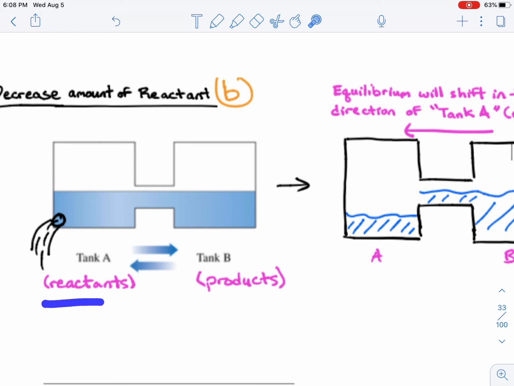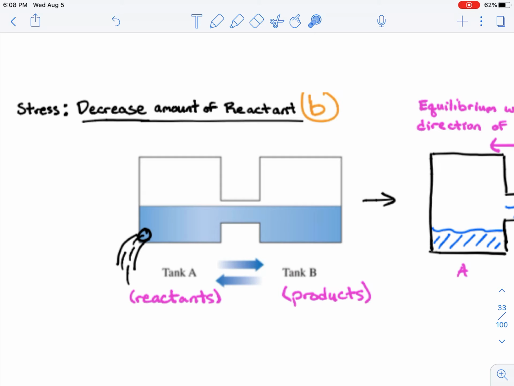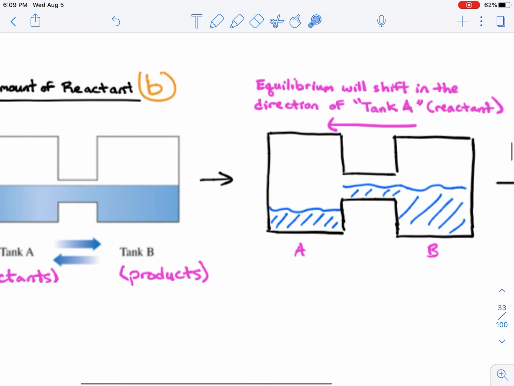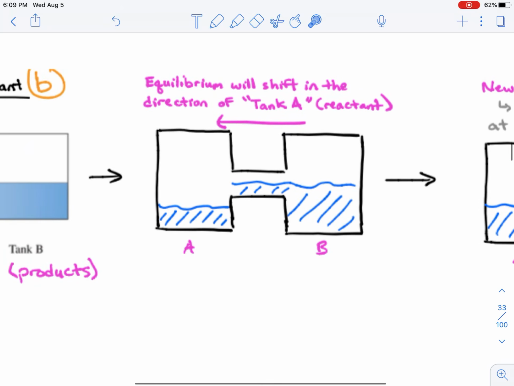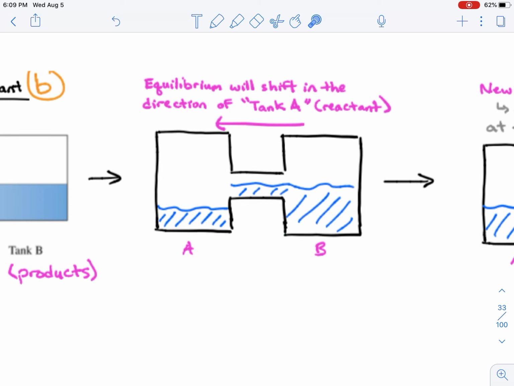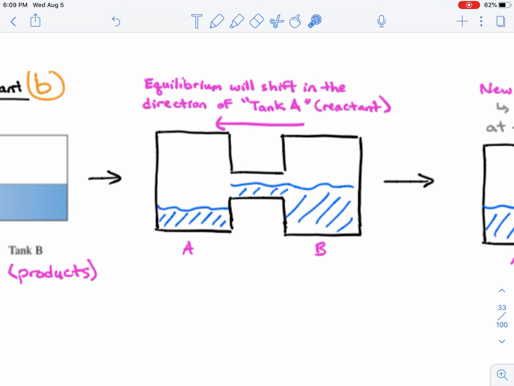If we have reactants and products, and we somehow decrease the amount of reactants through either precipitation or evaporation or what have you, then the chemical system will shift in such a way that it's going to consume products to compensate for the amount of reactant that was lost.